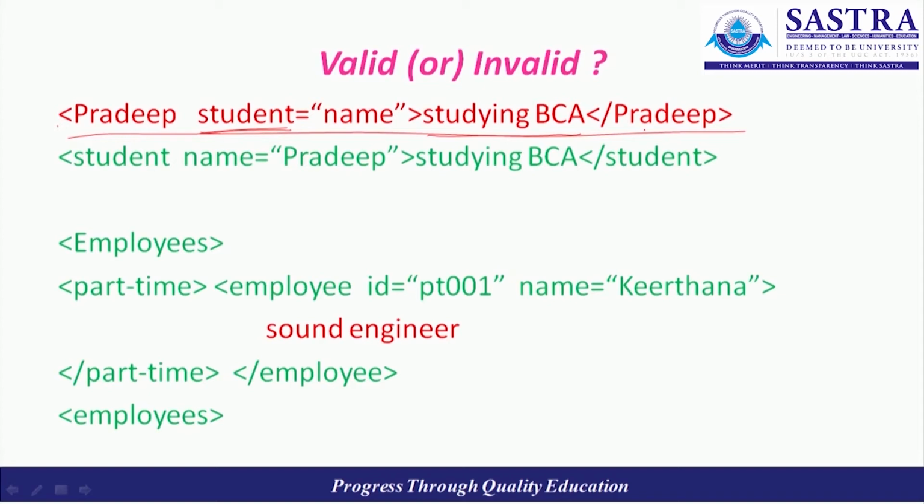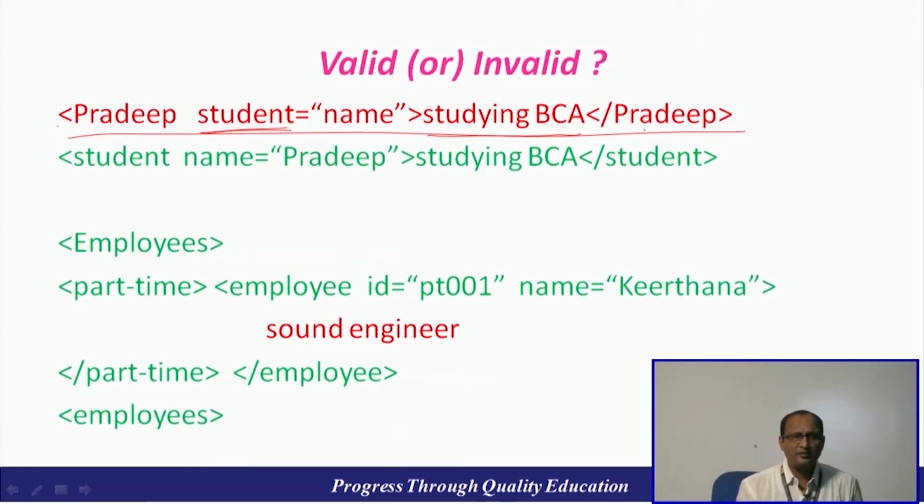The element has been created with an opening tag, closing tag, one attribute and a text, so I can say this is a right XML element, syntactically correct but semantically wrong.